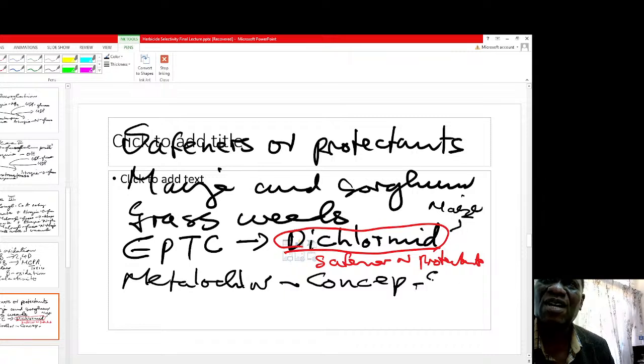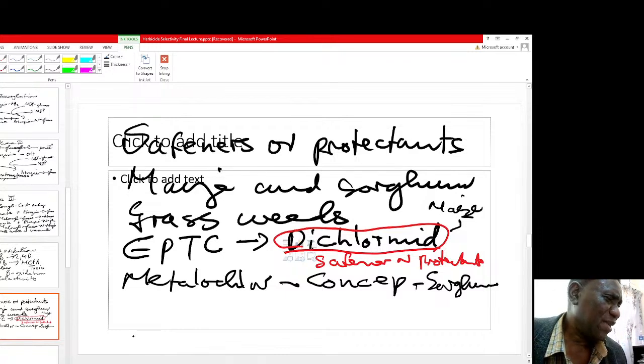This is for sorghum. And you should know it, it's commonly being used. If you are growing sorghum and you want a grass killer, please look for the metolachlor with the concept.